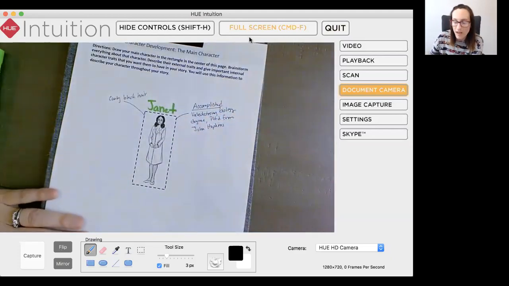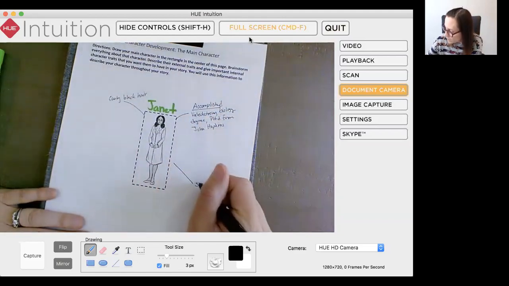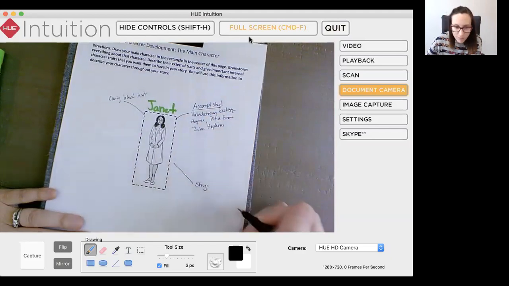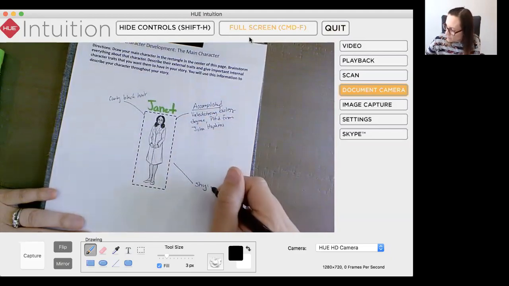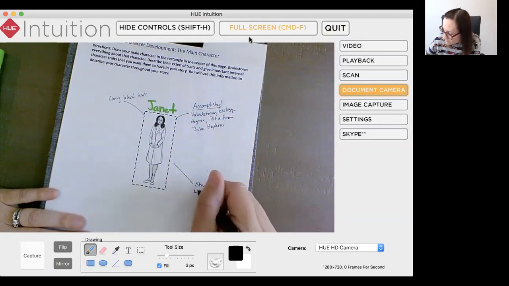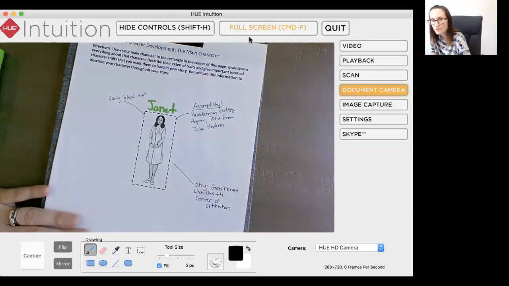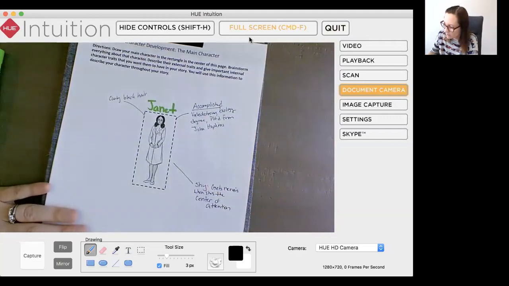And then as far as her personality goes, we want her to be kind of shy and introverted. We're going to show this in our story by having her get nervous when she's the center of attention. And we also want to show that she's hardworking.